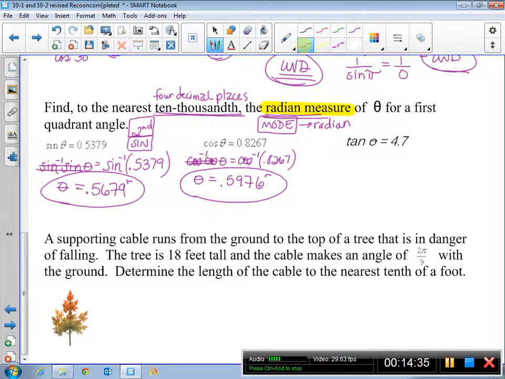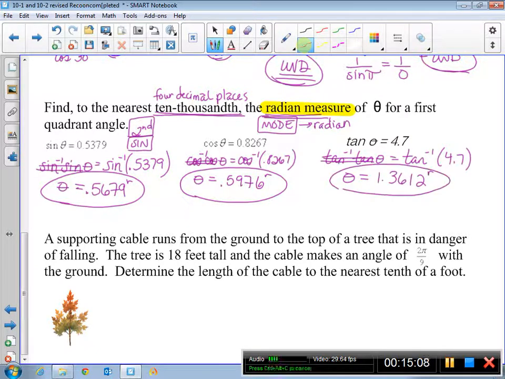And the last one here, tan theta equals 4.7, tan inverse, both sides. And go ahead and do that on your calculator, and to 4 decimal places. I have 1.3612. Rounds up just a pinch.